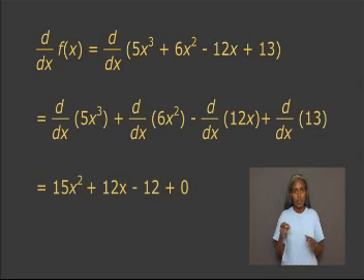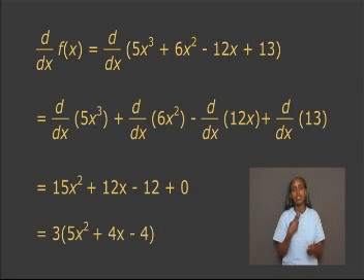We can factor the coefficients to get our final answer: 3 times (5x squared plus 4x minus 4). I am confident that you found the same answer.